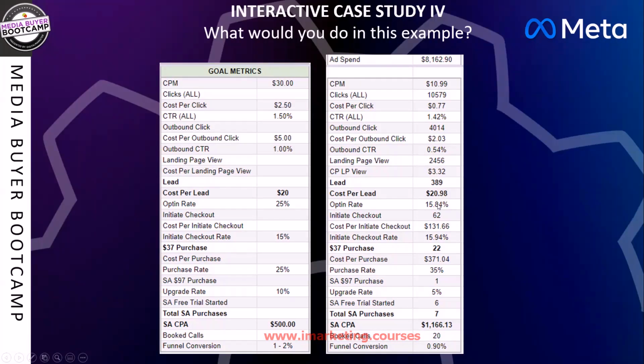But also, if you get that up to 1% and you get the opt-in up to, let's say, 20%, then you're going to get a double effect that will come through the funnel properly, because the initial checkout rate is good. We're expecting 15%, and the purchase rate to be 25%. It's actually higher, but we're just not getting enough people through the front end of this funnel.